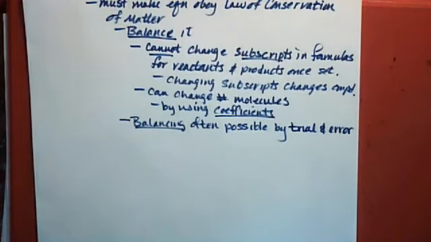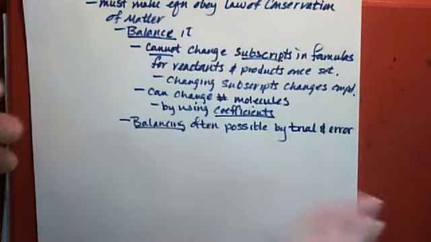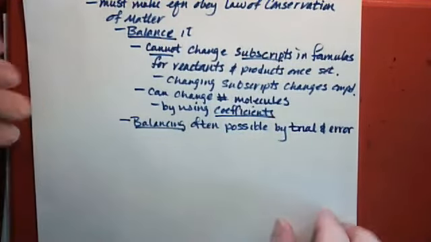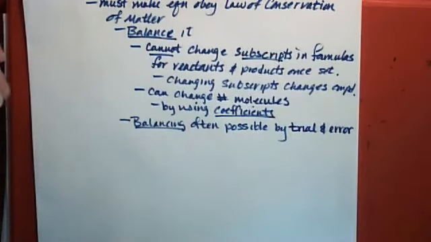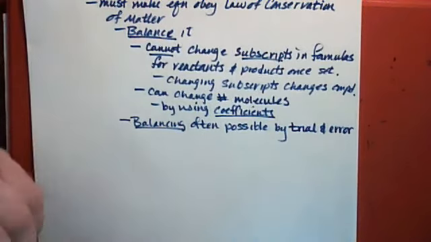For all of the equations we see in this part of the course, trial and error will be a perfectly good way to do it. There are some equations that are harder to balance and require specific procedures, but we won't get to those until later. So, we'll wait until then to introduce that idea.